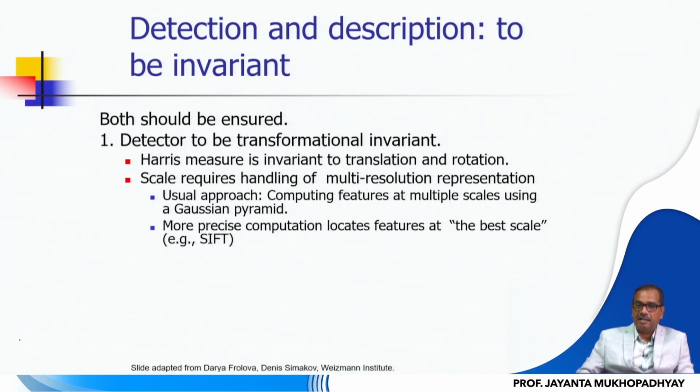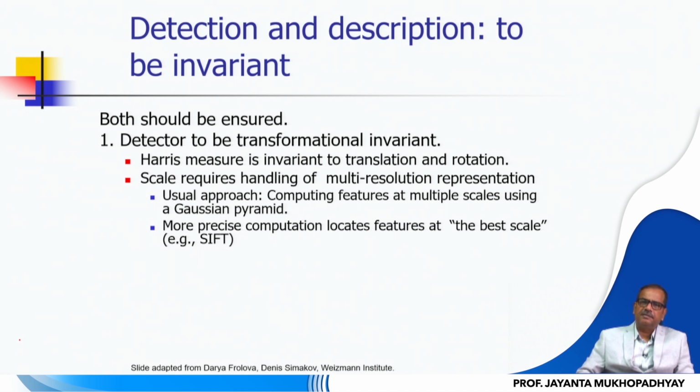I explained this a bit just now and will elaborate further. A more precise computation locates features at the best scale. There is a very popular and powerful feature descriptor called scale invariant feature transform, in acronym SIFT.